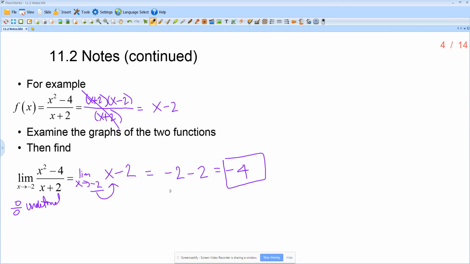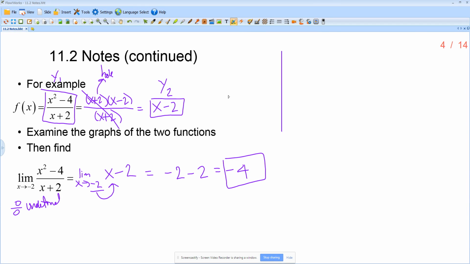When we're dividing this out, when we get that 0 over 0 and a factor cancels, this is what's telling me that there's a hole in the graph. So now if I were to look at these two graphs, if you wanted, go to your calculator and graph this as y1 and graph this as y2.